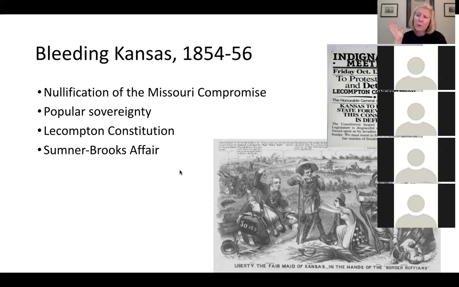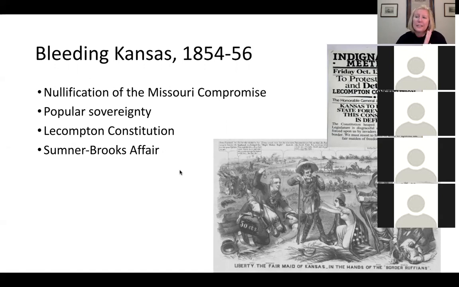We know that we're going to have incidents of violence for 2 years, which ultimately culminates in violence in the Capitol building. So that tale that I always tell of Charles Sumner and Preston Brooks, but ultimately you have people in Congress who are going to beat each other up, and one person is almost going to be killed because of it.